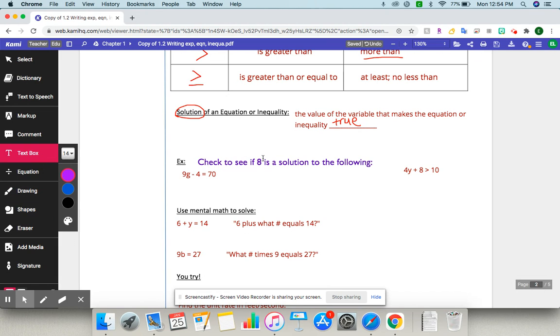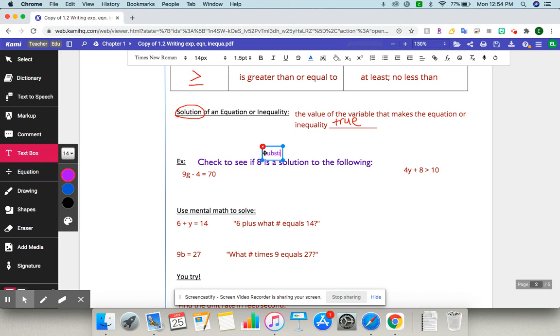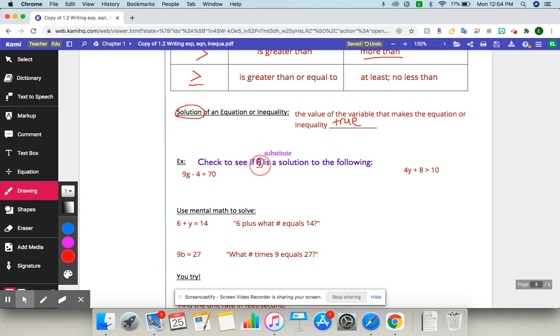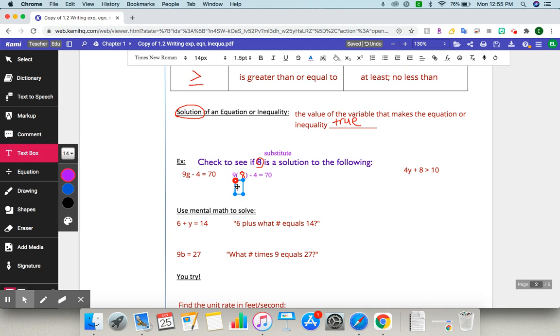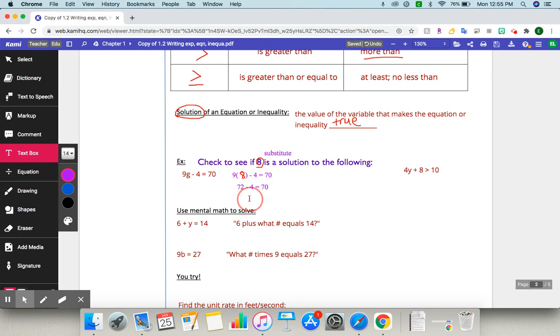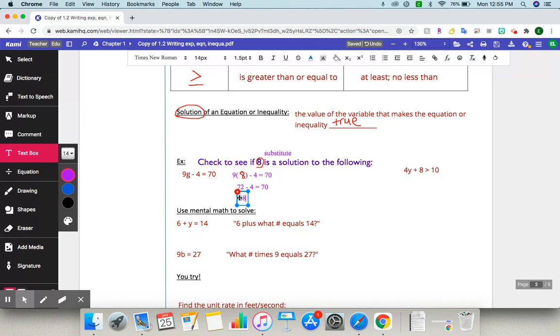To determine that, I need to substitute the number 8 in for the variable itself. Now, at this point, I'm still not sure if this is a true statement or not, so I simplify by multiplying 9 times 8. And then I can actually subtract 4, and I see that my statement says 68 is equal to 70. Since this is a false statement, we would say that 8 is not a solution to this equation.